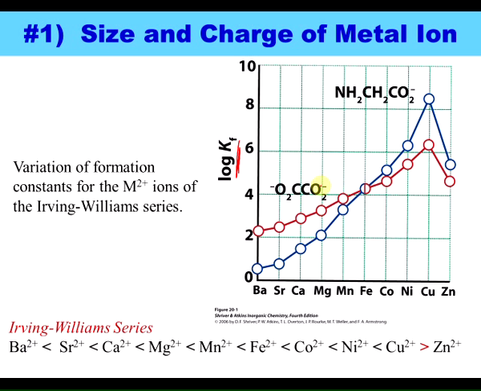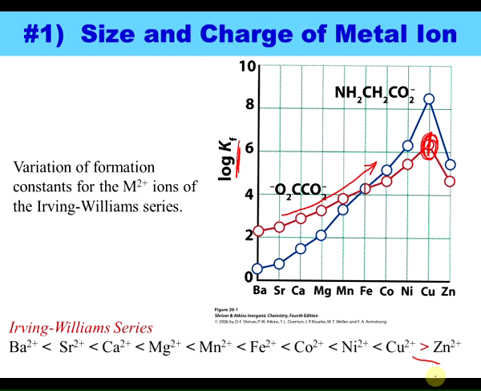And we're starting off with barium, strontium, magnesium. So as we go across the periodic table, we see that we have an increase in the formation constant. And we max out at copper right here. But when we get to zinc, we have a decrease in the stability of that complex. So it's reflecting this trend.